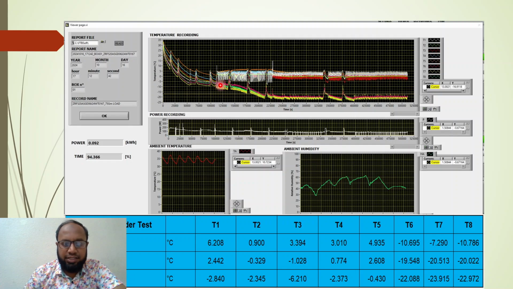Here the refrigerator chamber reaches almost minus 5 degrees, and the freezer temperature reaches 5 degrees centigrade.